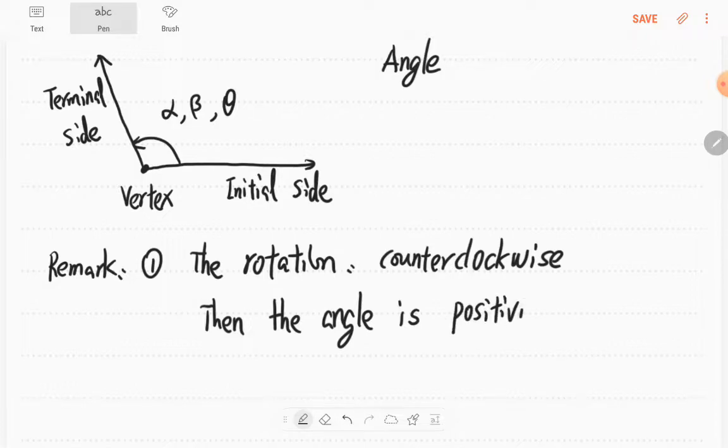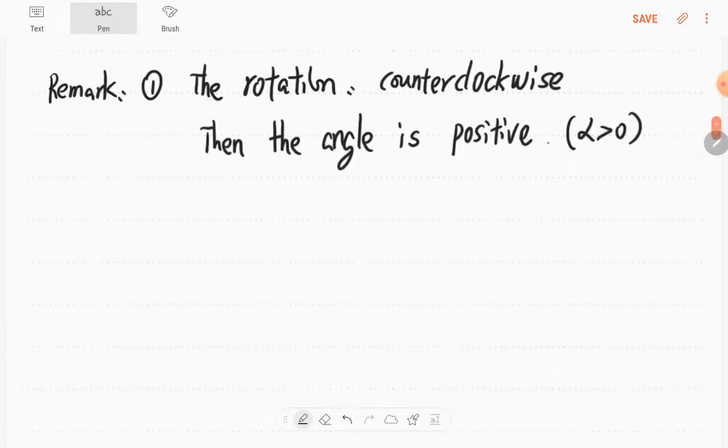If we denote this angle by alpha, then alpha is greater than 0. In other words, if our rotation is from here to here, we use this arrow to denote the direction of the rotation. If this is counterclockwise, then alpha is positive, right?